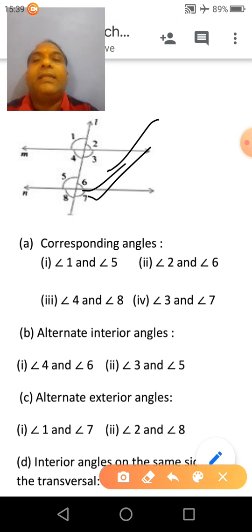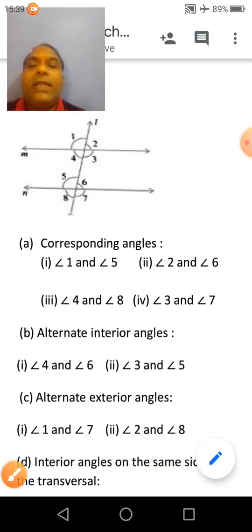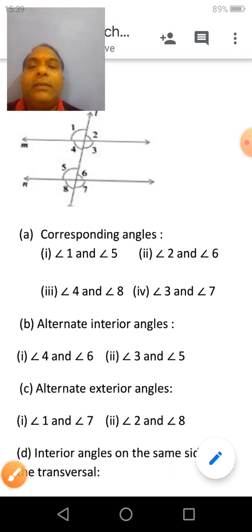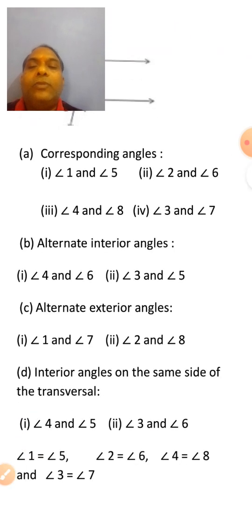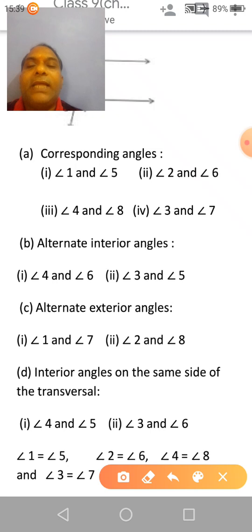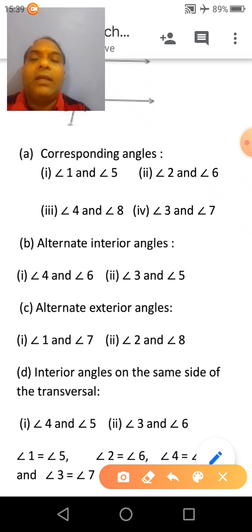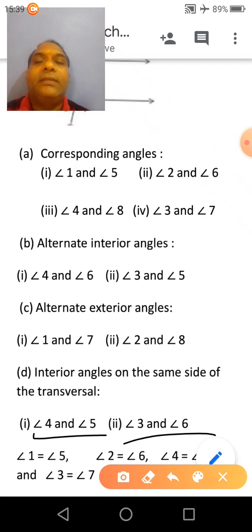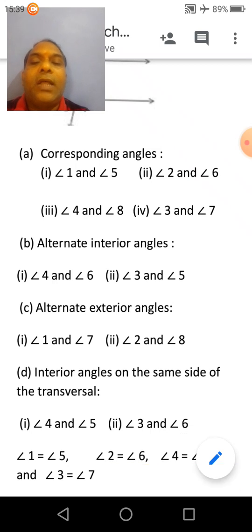Clear? So interior angles on the same sides of the transversal are 4 and 5, and 3 and 6. Clear?